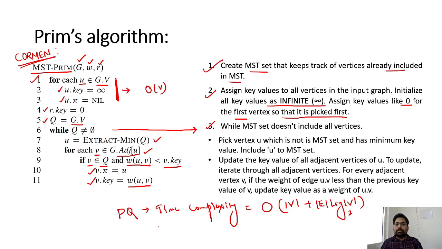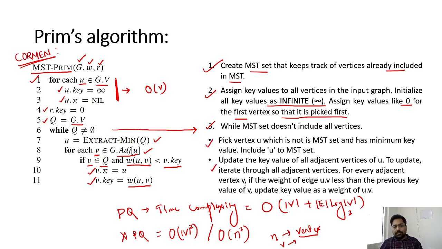If you're not using a priority queue, suppose not PQ, the answer could be V squared. Clear? Or you can say big O of n squared also, where n is a vertex and V is also vertex. So this is what we have studied right now. Here the points have been written in such a way that it could be easy for you to understand.